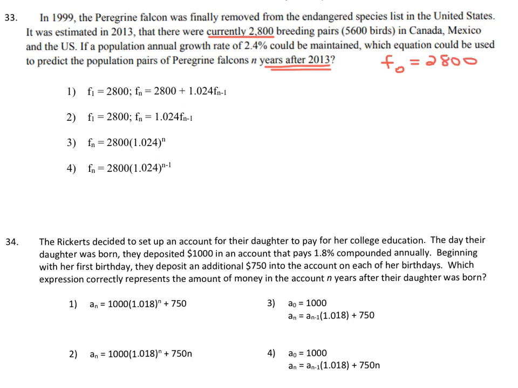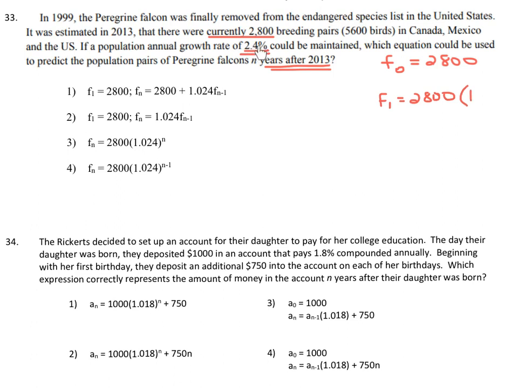Now, since they're growing at a rate of 2.4%, we know that to find F sub 1, we would take the 2,800, right? You'd have to take the previous term and multiply it by 1 plus the rate.